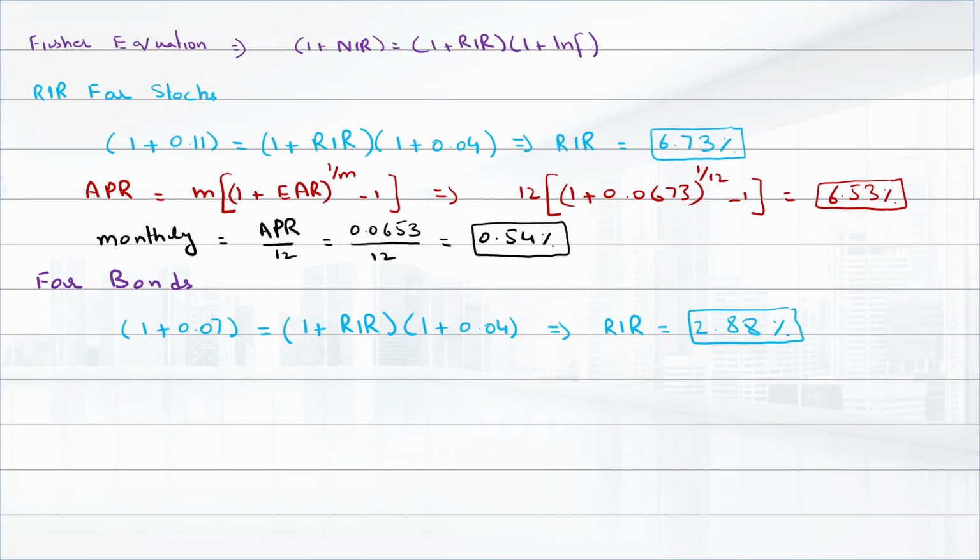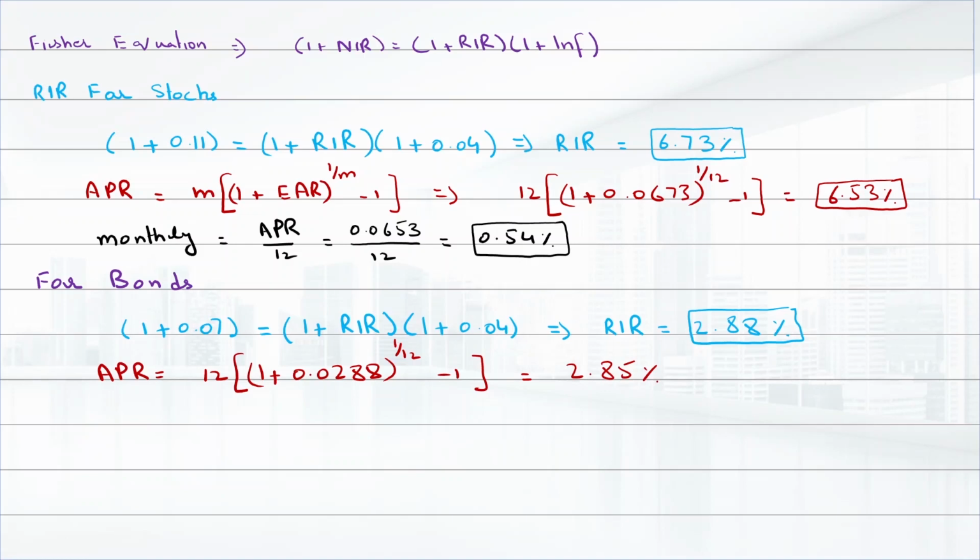By using this, we will find the APR: 12 times (1 plus 0.0288) raised to the power 1 by 12 minus 1, and that is equal to 2.85%.